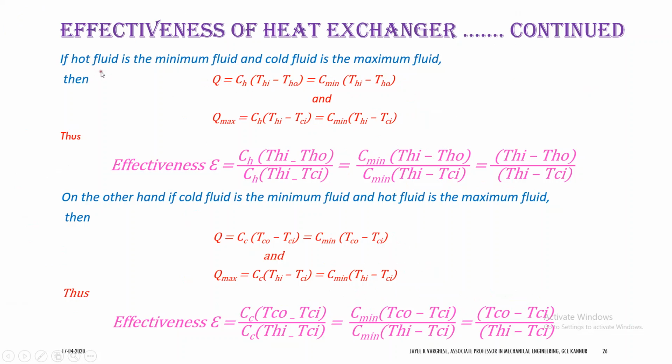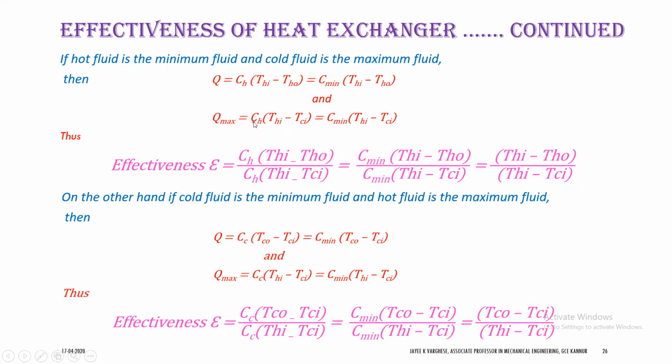So the heat transfer, if the hot fluid is the minimum fluid, is C min into Thi minus Tho. This is the actual heat transfer. And what is the maximum possible heat transfer? The maximum possible heat transfer is always given by the minimum heat capacity rate into the maximum possible temperature difference, Thi minus Tci. This is the case of a heat exchanger with infinite area.